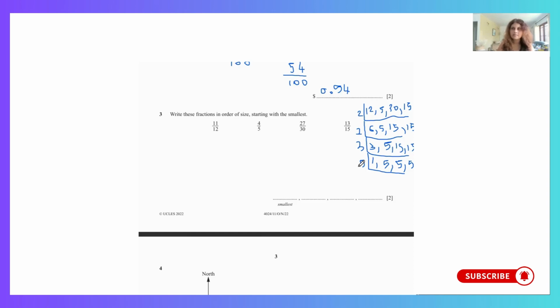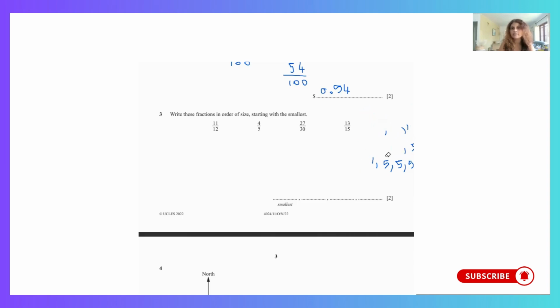So if you can't imagine at once what's the lowest common multiple for 12, 5, 30, and 15, in this way also you can find the LCM. There are other ways to find the LCM, but I feel this is the easiest way. So now we know the LCM of these four denominators is 60.